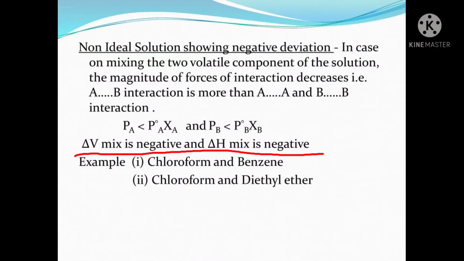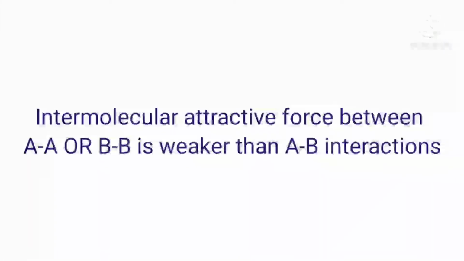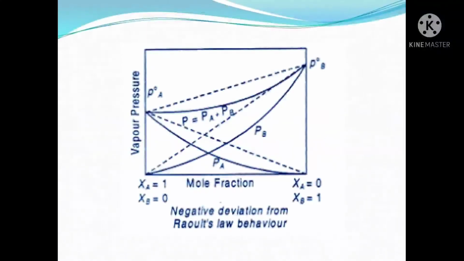In such a case, delta H mixing and delta V mixing will be negative. Here, the intermolecular attractive forces between solvent-solvent, that is AA interaction, or solute-solute, that is BB, are weaker than the solute-solvent AB interactions.